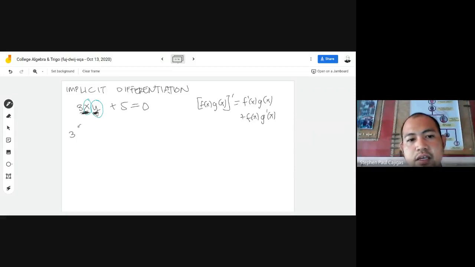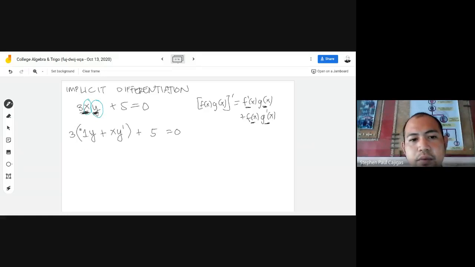We will have 3 times: the derivative of x, copy y, plus copy x, then get the derivative of y. The derivative of x is simply 1, then copy y, plus copy x, and the derivative of y is simply y prime. Then plus 5, this is equal to 0.